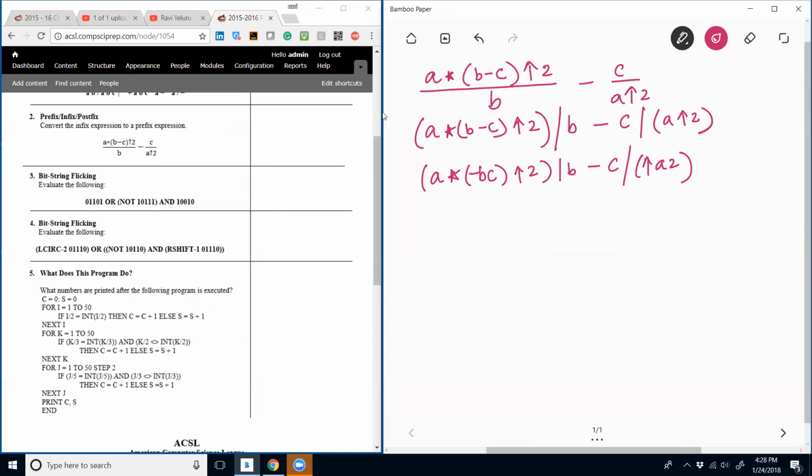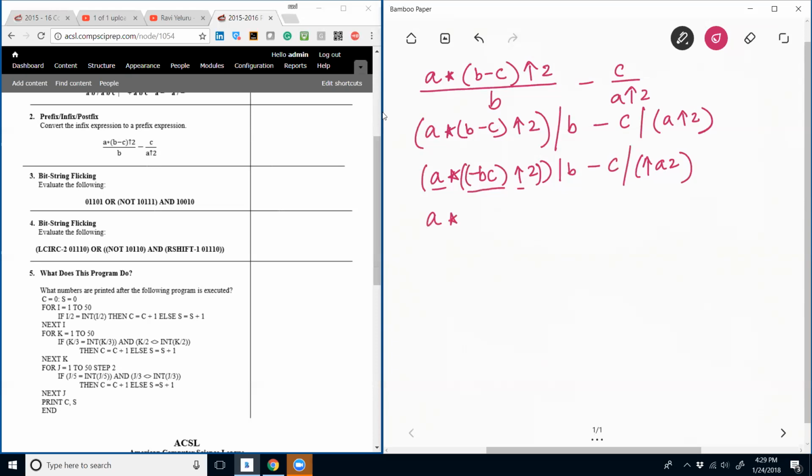But if you notice, this whole thing can be considered as one term. This is another term, separated by this exponent. But if you notice, this is b minus c whole square, right? So you still want to consider this as another expression inside.